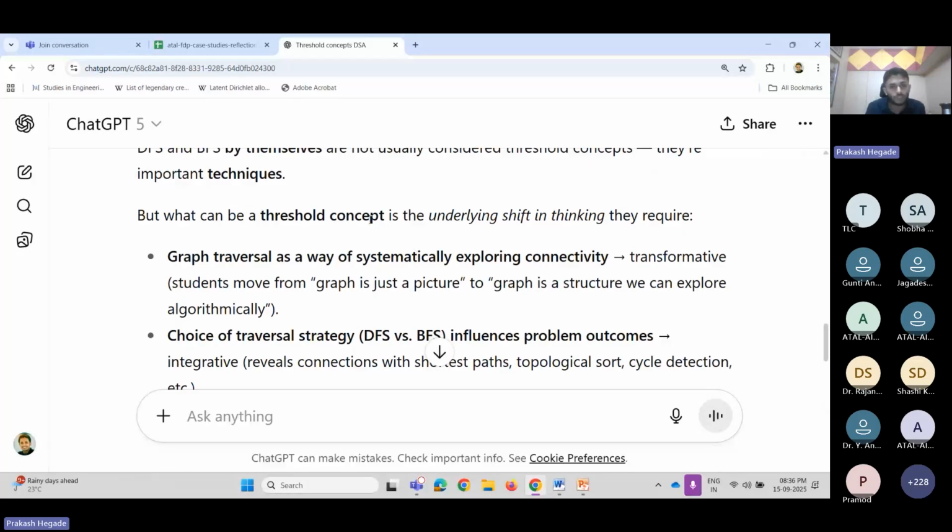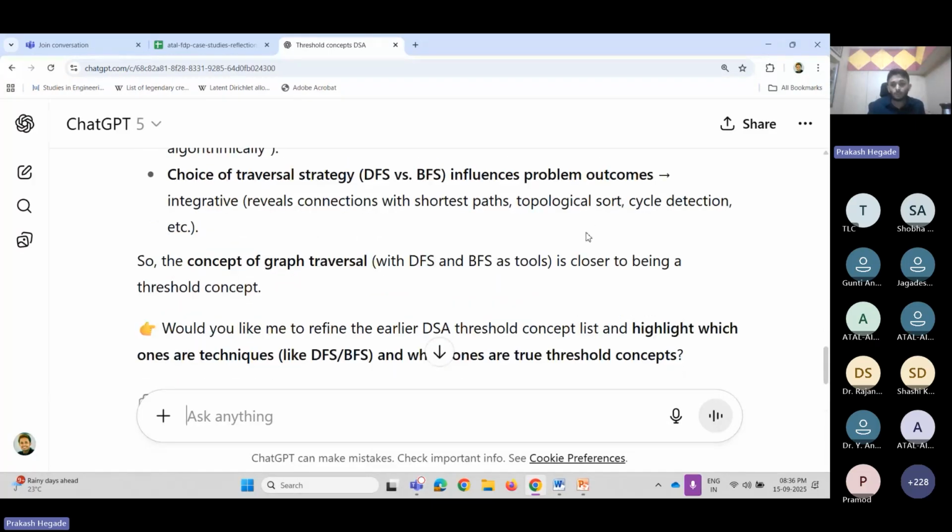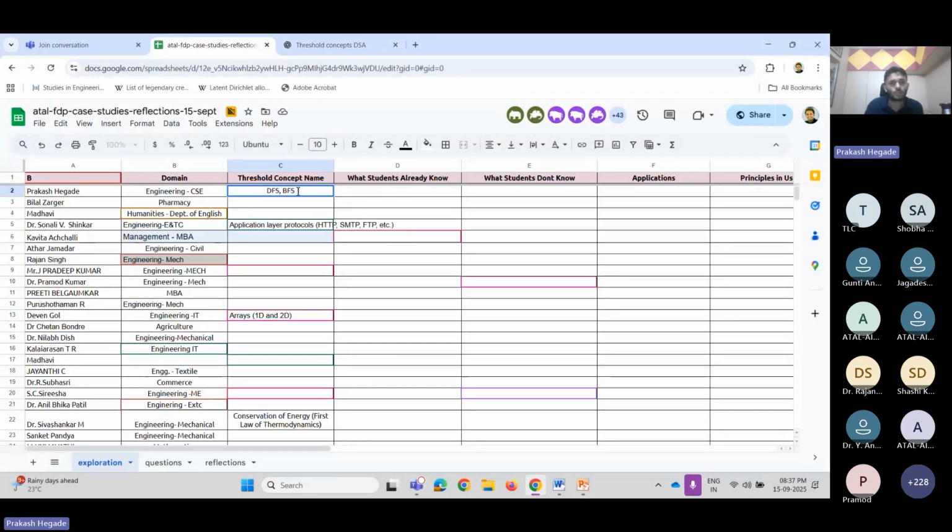It says the concept of graph traversal is closer to a threshold concept. So I'll go ahead and say, please make this my threshold concept now. So what I did is, DFS and BFS directly are not threshold concepts.